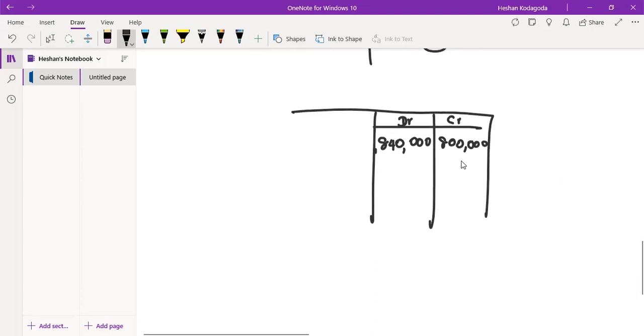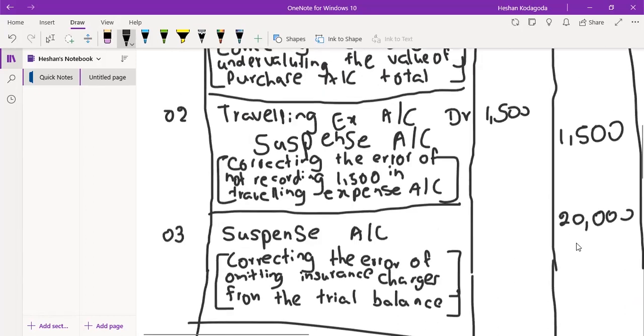So to temporarily tally, we put 40,000 here and write it as trial balance difference. Sorry, we write it here as suspense account, and you need to take it to the credit side of the suspense account.